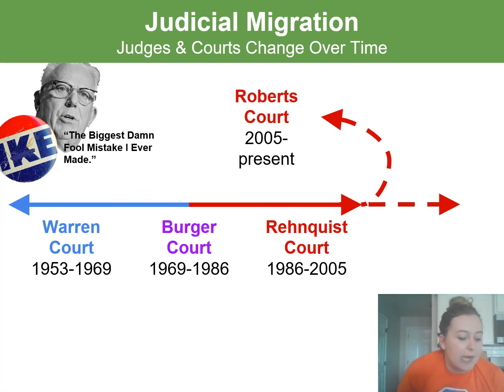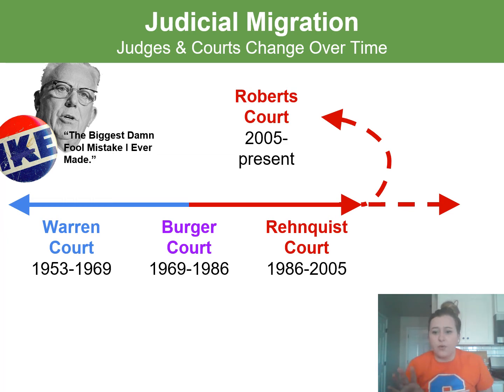Okay. Now the Roberts Court is what we have today. John Roberts is our Chief Justice. The John Roberts Court today is a more conservative court. It has had periods where it has been imbalanced. Kennedy, before he resigned from the court, he was really the swing vote.